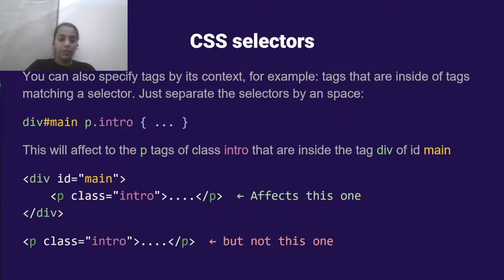An example below shows which tag would be affected and which tag wouldn't be affected. So the first p tag is affected only because it is inside the div tag which has the id main, while the next tag, although satisfying the condition of having class intro, is not affected because it is not inside the div tag.